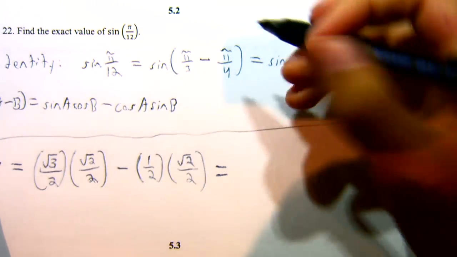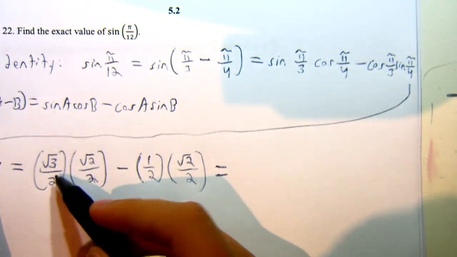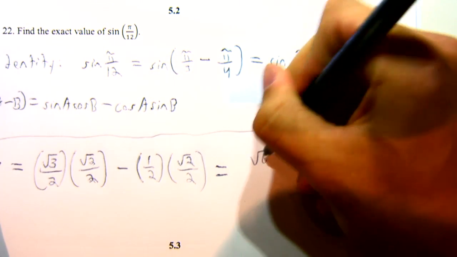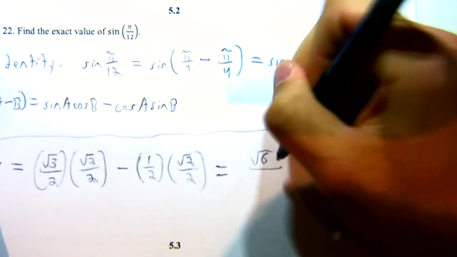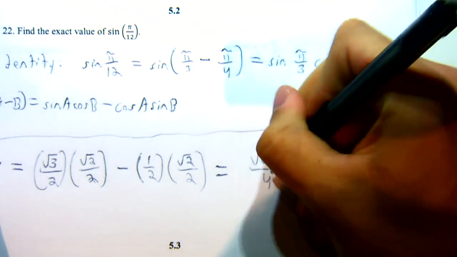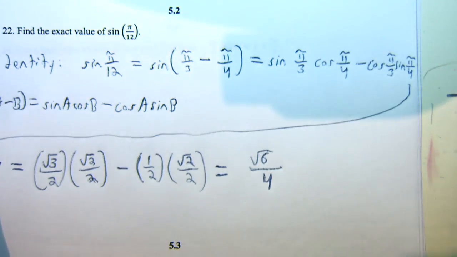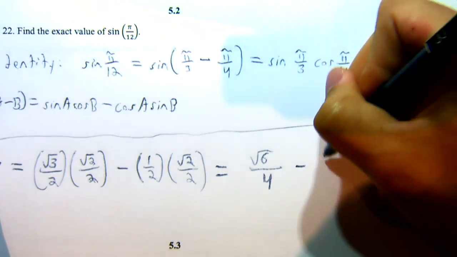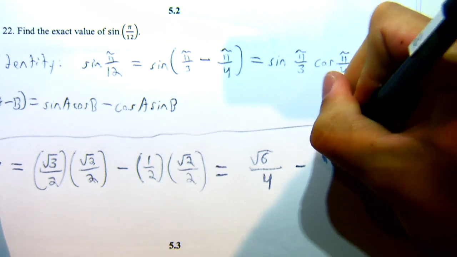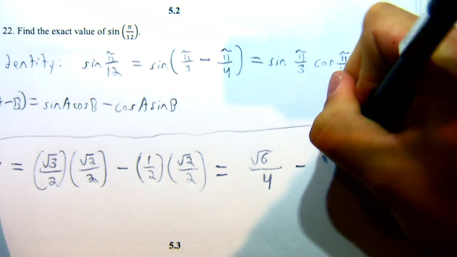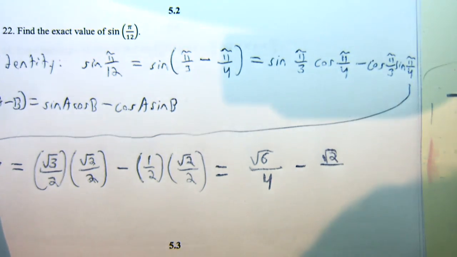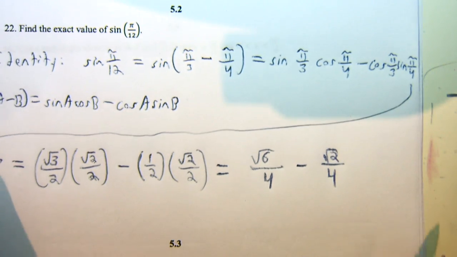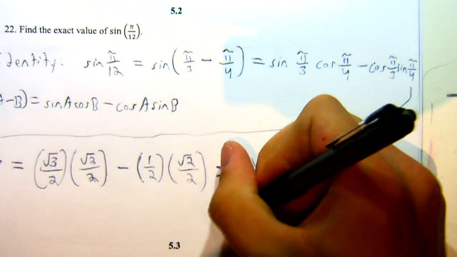Alright, so we get a radical times a radical, so we just multiply whatever's inside. So that's square root of 6 over 4 minus square root of 2 over 4, and they have a common denominator.